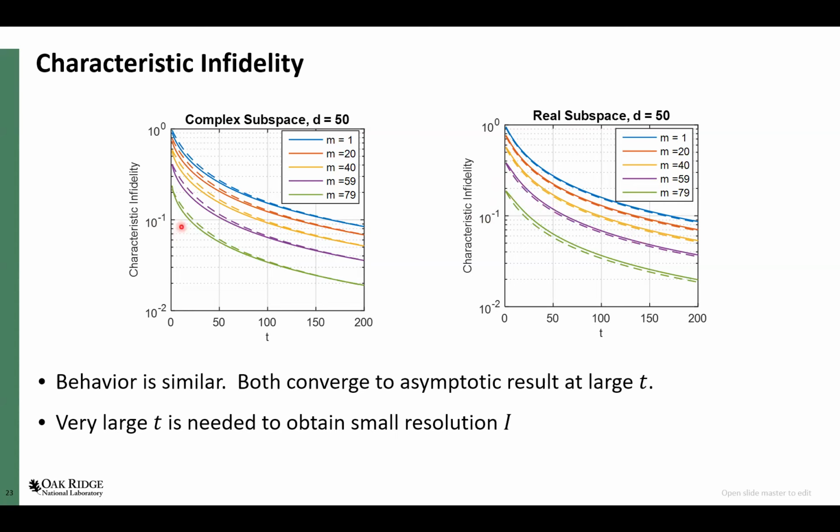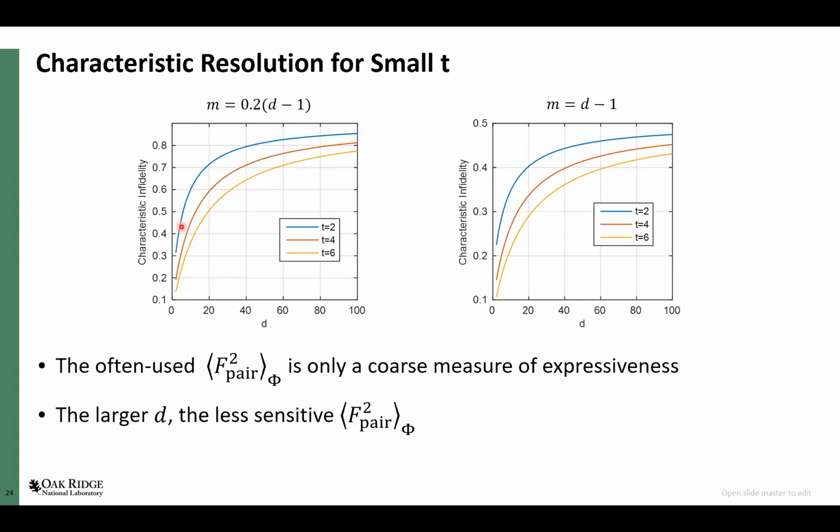So, all right, we're getting close to putting everything together. One thing I do want to note is that you need a very large value of t to say anything about your state space at small resolutions. So if you're talking about high accuracy, being able to approximate states to high accuracy, you're going to need a very large value of t.